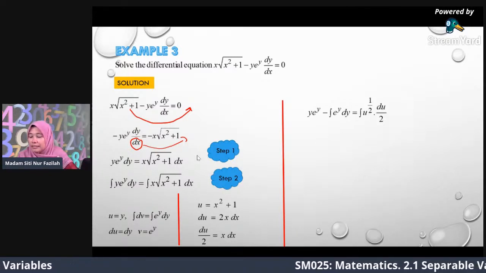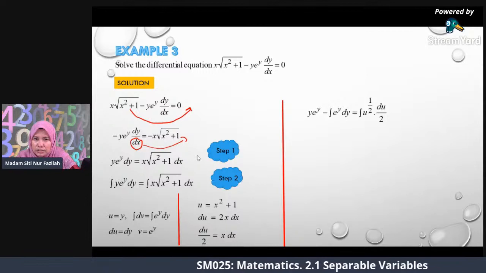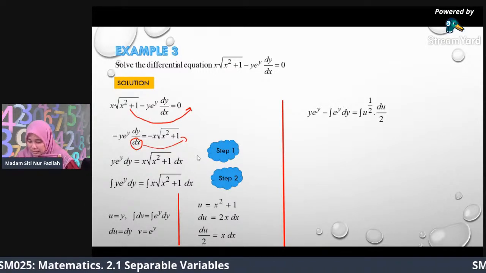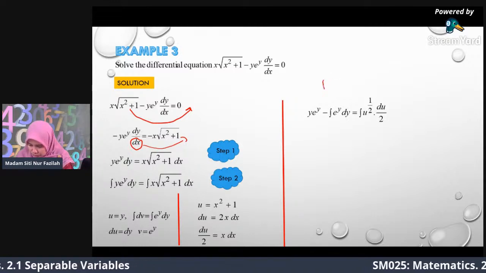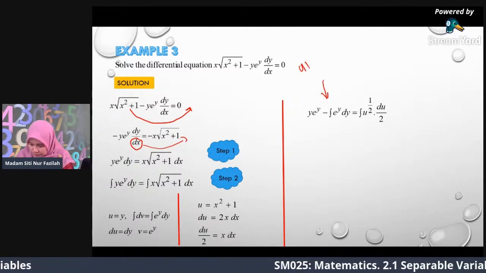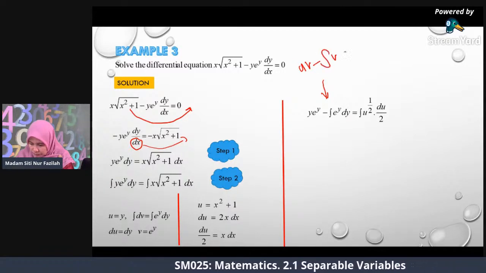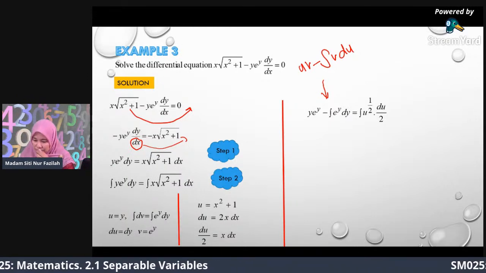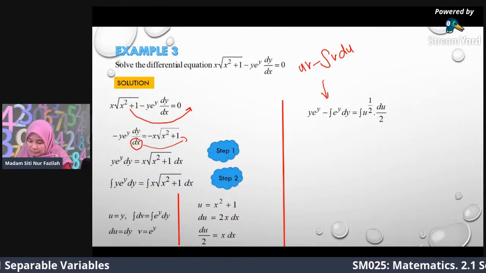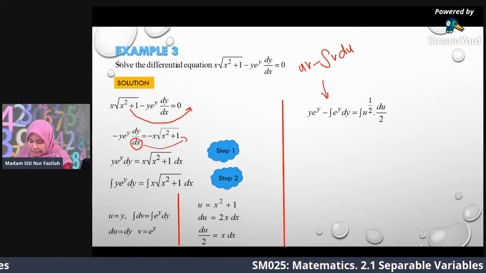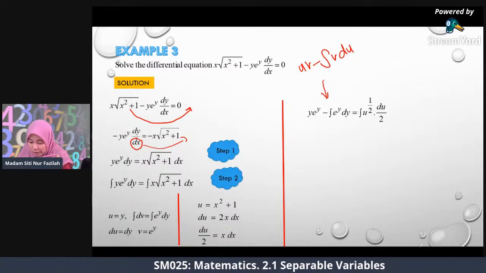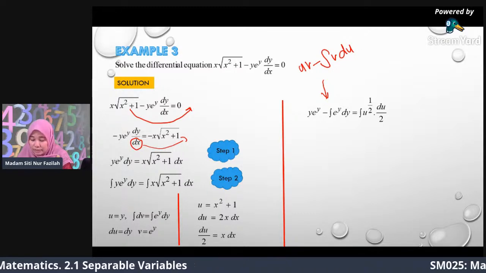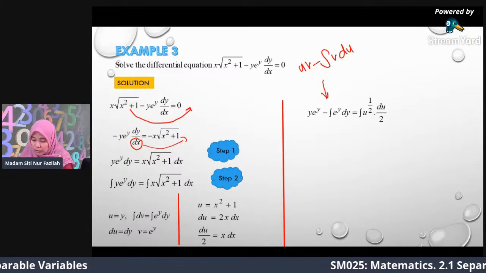For the left side, we must use the formula for integration by parts: uv minus the integral of v du. Fill in the formula, and we can get y e^y minus the integral of e^y dy equal.